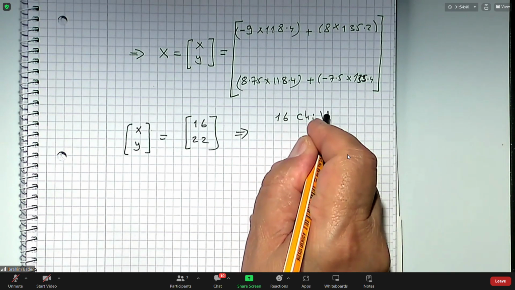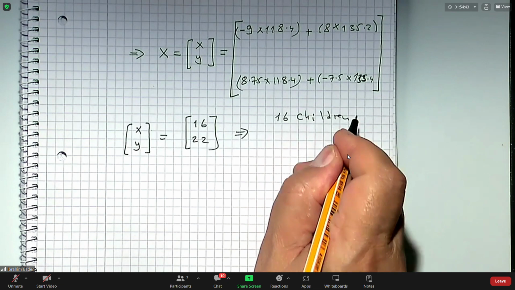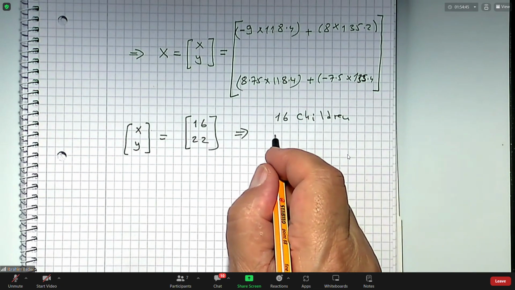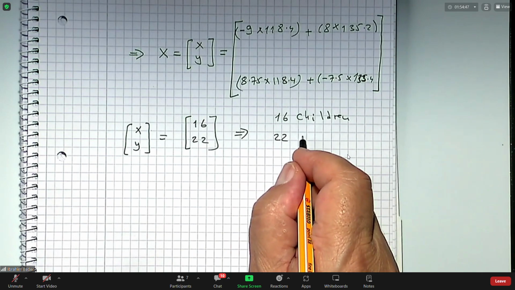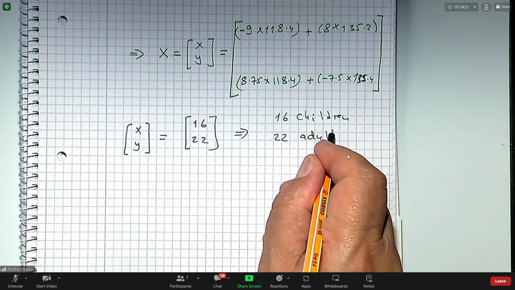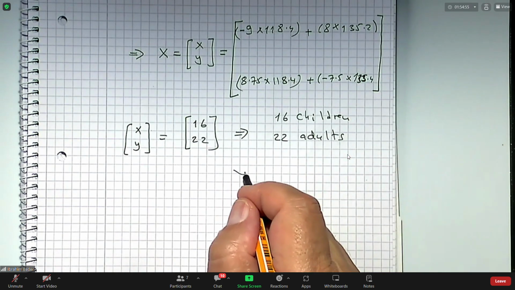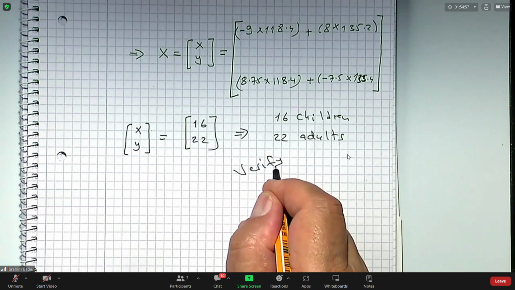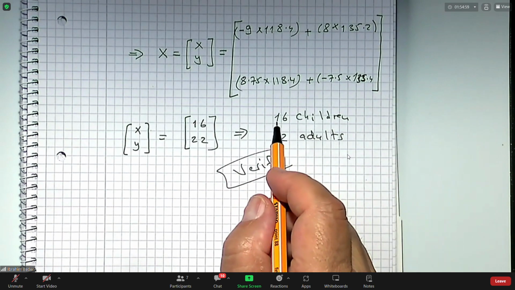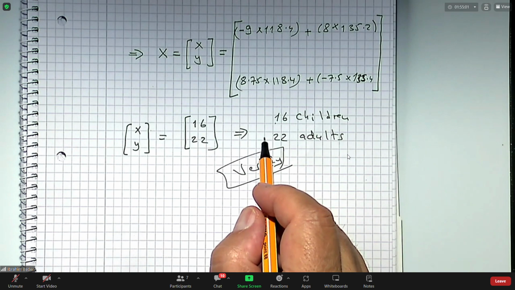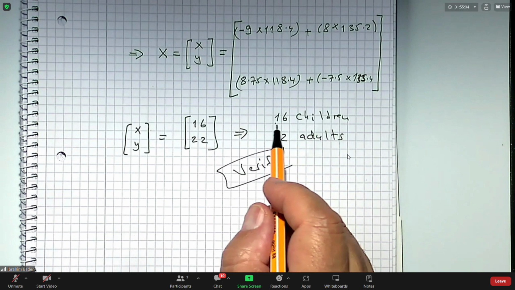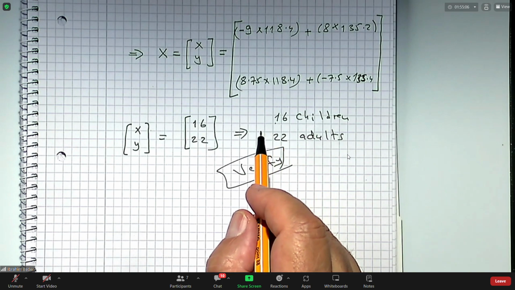Remember, this is the original question here, right? How many children, how many adults? So you need to answer this. Now you can go and verify and check. You can just multiply 16 with 3, 22 with 3.5 and see whether you will be getting the sum 118.4.